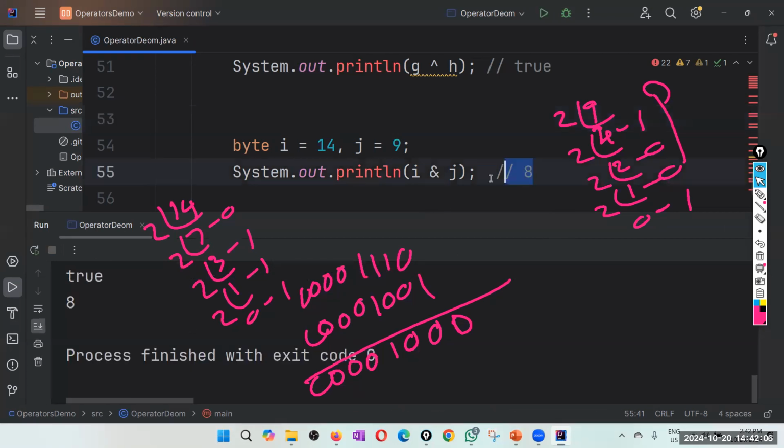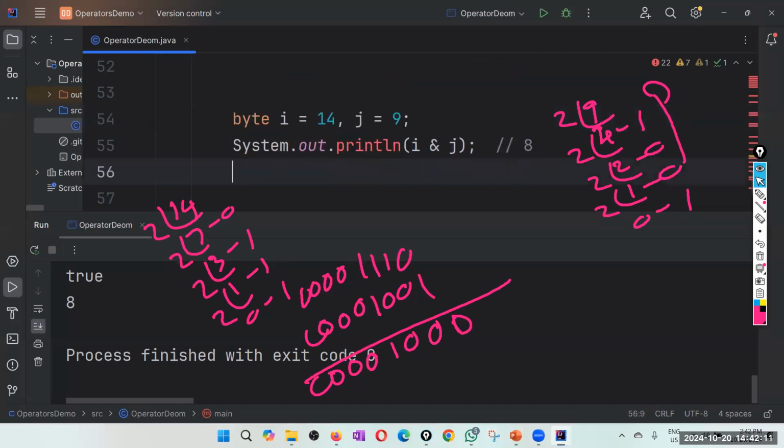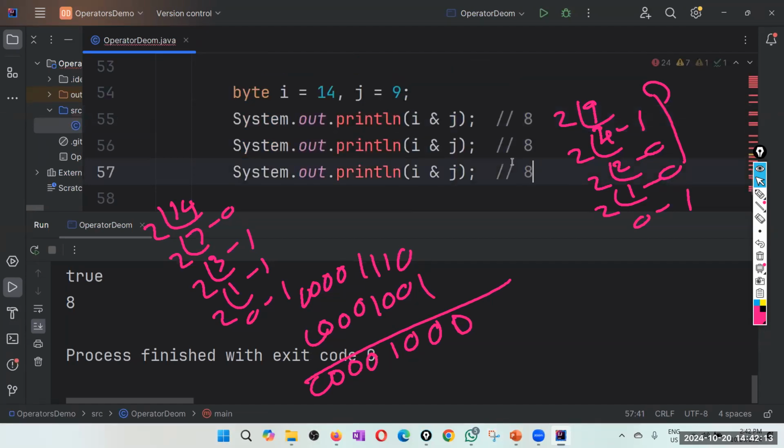And similarly, you can try out OR and XOR. That of course you can do, and even NOT. This is bitwise OR, and this is bitwise XOR. So what will happen if you do bitwise OR? 1, 1, 1, 1. 1, 2, 4, 8, that is 15.